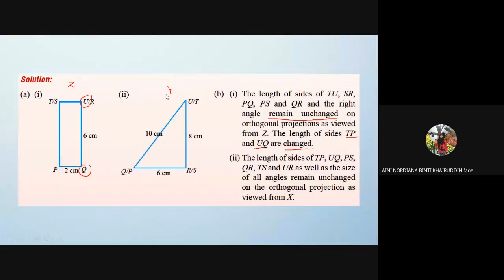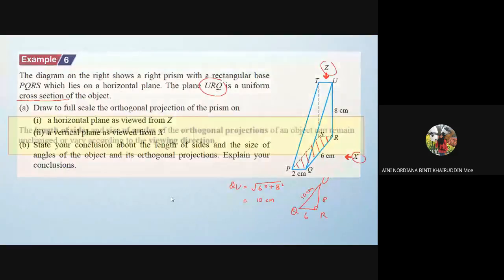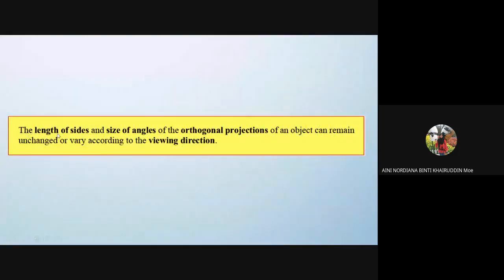Okay, as you viewed from Y, all sides and angles remain unchanged. That's why just now, this one, the length of side and size of angle of the orthogonal projection of an object can remain unchanged or vary according to the viewing direction. Inilah maksud yang tadi I cakap.